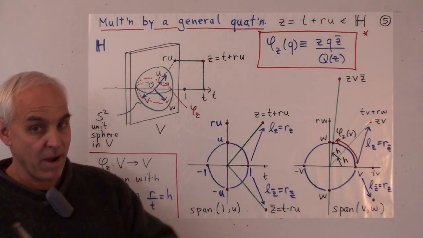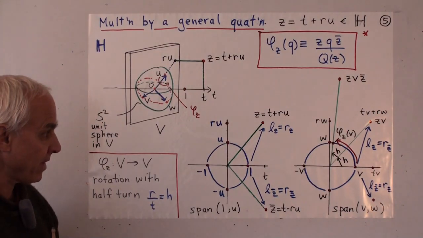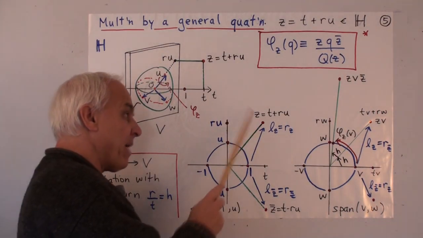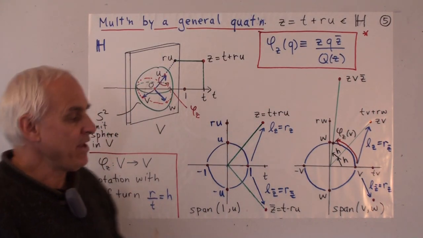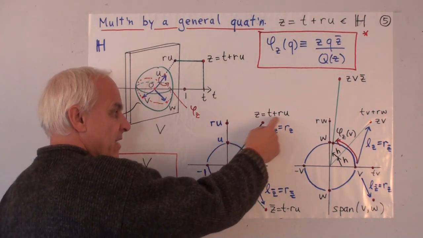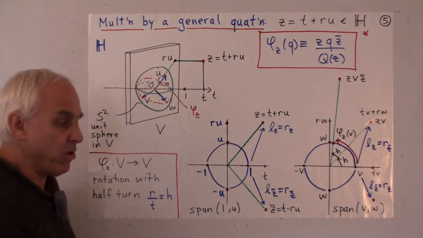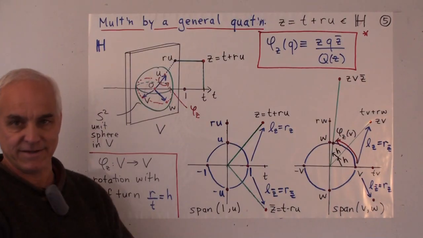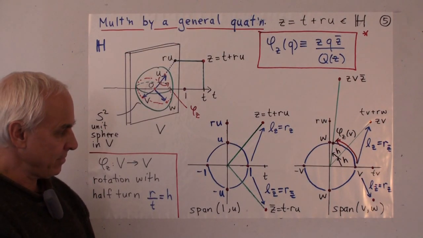Its square is -1. And so that means that when we multiply by z, the effect is exactly the same as multiplying by the associated complex number would be if this was a picture of complex numbers.